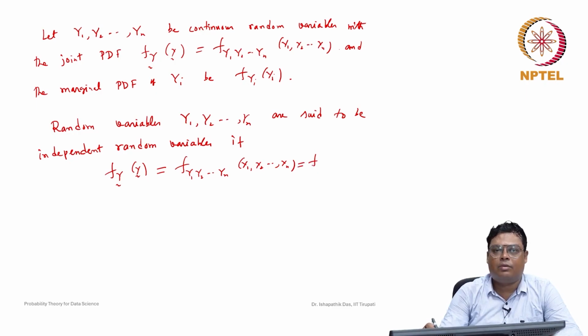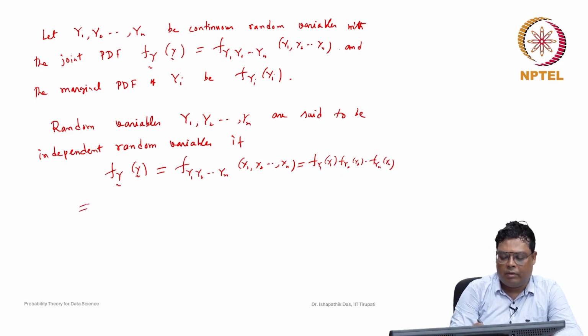Similar to the discrete cases, and in bivariate continuous random variable cases also we discussed, this is f of y1, y1, f of y2, y2, ..., f of yn, yn. So in simplified notation we can say that this joint probability density function is the product of their marginals.